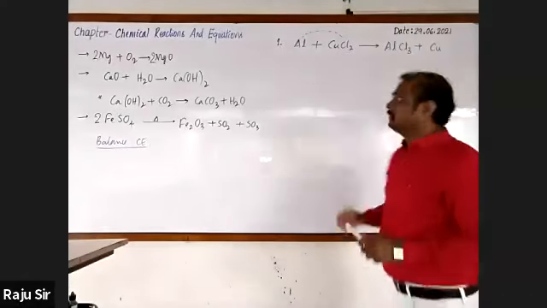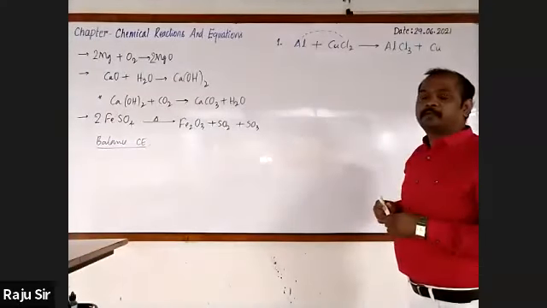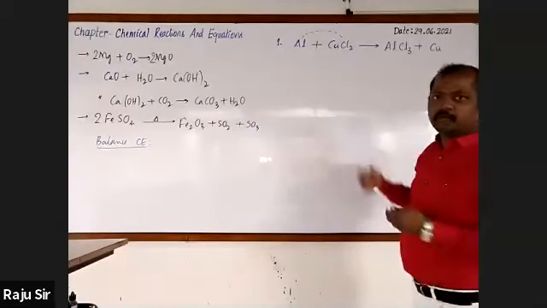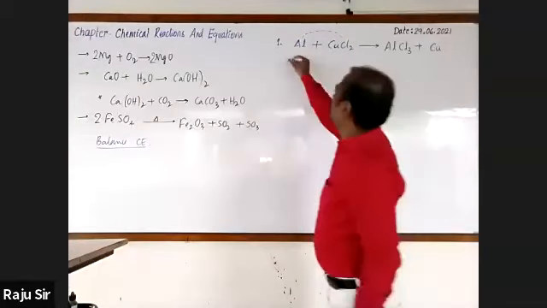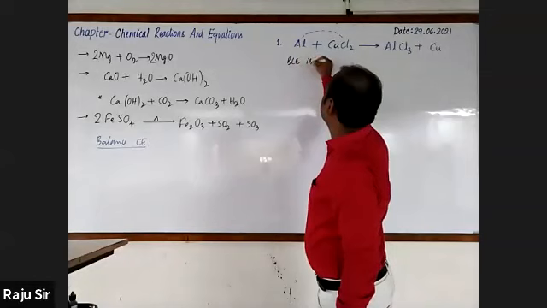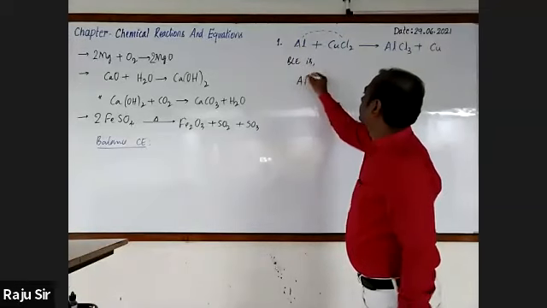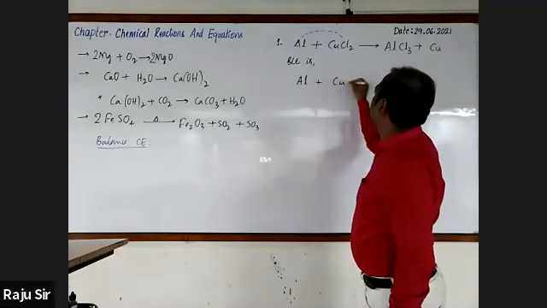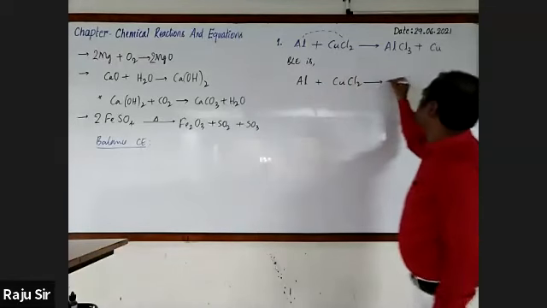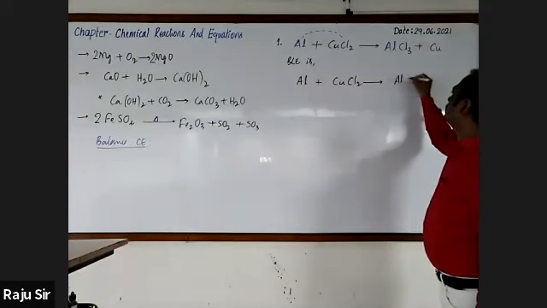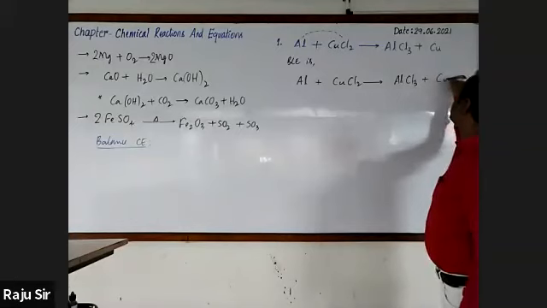See that here, you need not go for listing the number of atoms. Directly you can go for balancing it. Balanced chemical equation is, here I'll write it again, Al plus CuCl2 gives rise to AlCl3 plus Cu.